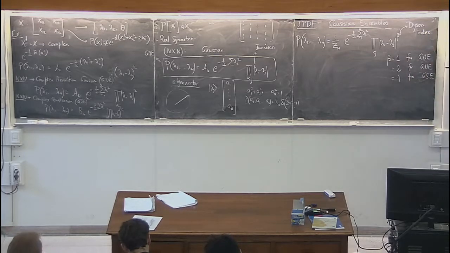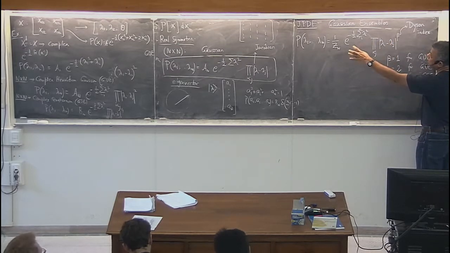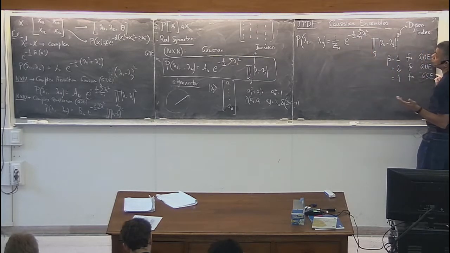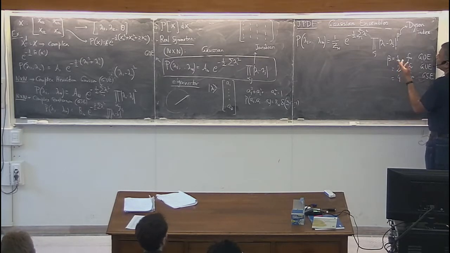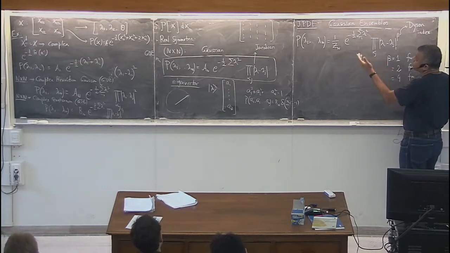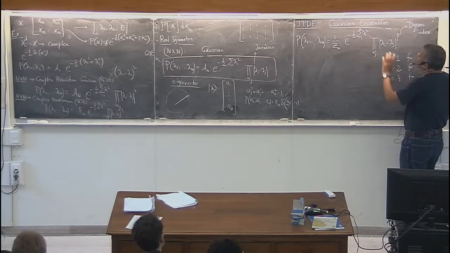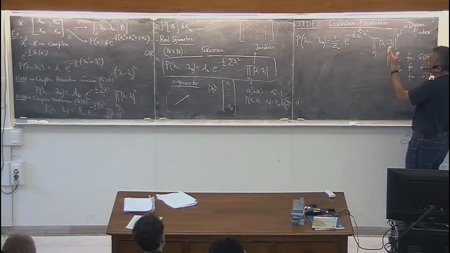If you did not have this term, then they would be completely independent Gaussian variables, and then you can calculate any observable, whatever you want, very easily, trivially. For instance, if you calculate the distance between eigenvalues, the spacing distribution, you will get an exponential distribution. I'll do that later. Whereas because of this correlation here, this is what makes the Wigner-Dyson distribution, which is different from the independent distribution. It's a correlation which is very important.